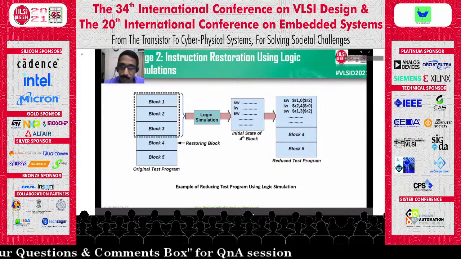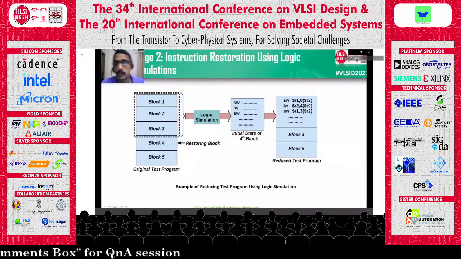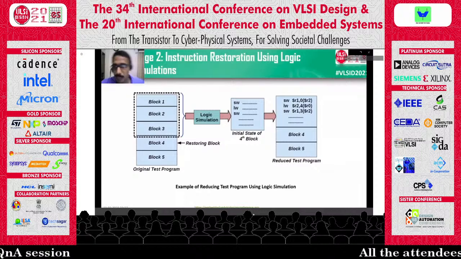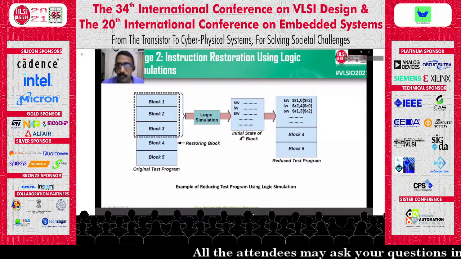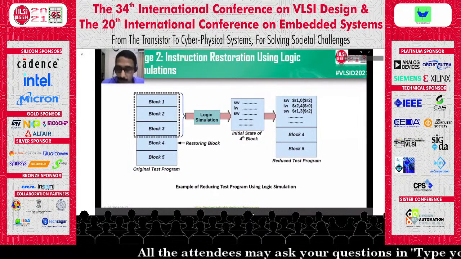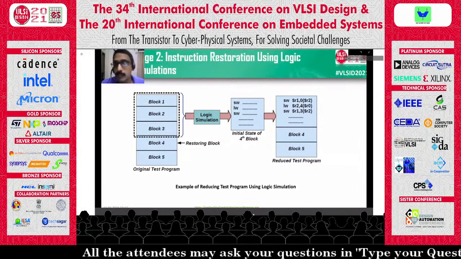Correspondingly, a fewer number of instructions can replace the top 3 blocks. The initial state of the 4th block will be applied using fewer store and load instructions, and they will replace the top 3 blocks. So the reduced test program will have fewer instructions, and the fault simulation will be faster.